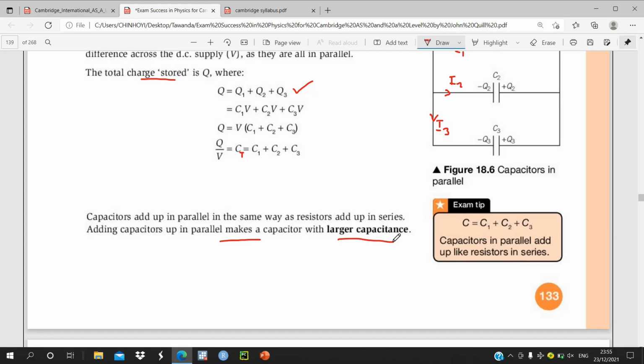In an exam they may ask you, how can you make a large capacitor if you are given maybe 3 or 4 capacitors? You need to connect those capacitors in parallel. And if you want smaller capacitance, you have to connect the capacitors in series, like what I've indicated earlier.